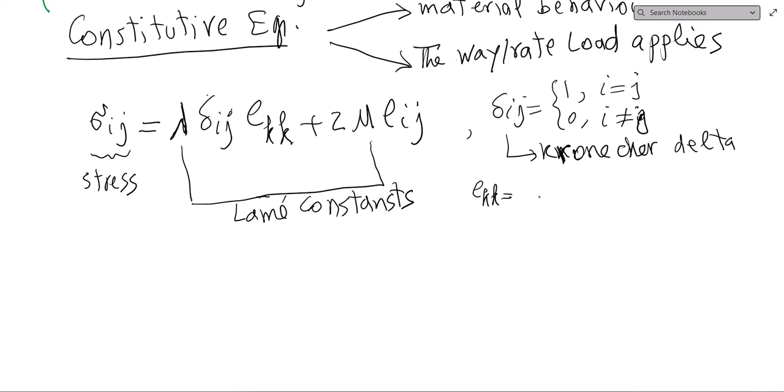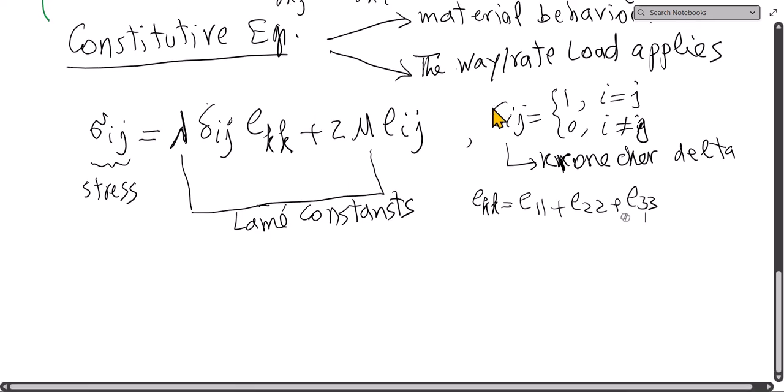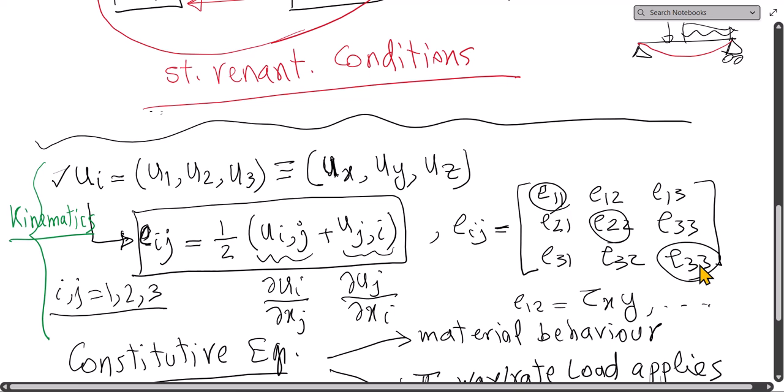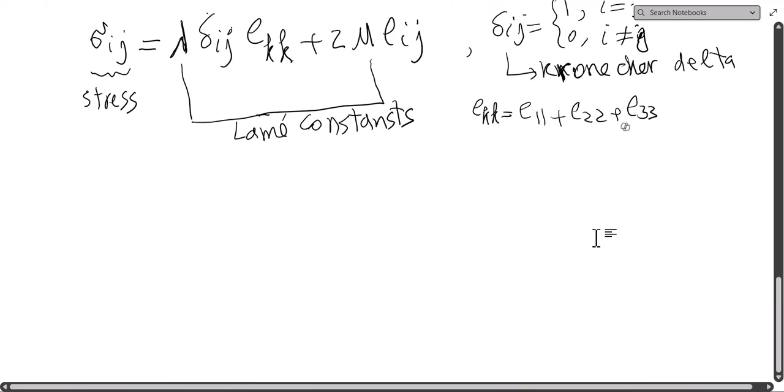You have two repeated indices, so it should sum up. So it is E11 plus E22 plus E33. If you go back to the strain tensor, it is basically the trace of the strain tensor, or the summation of the diagonal. It is a kind of volumetric strain, a bulk strain of the material, and it is proportional. And this piece is the shear stress part.